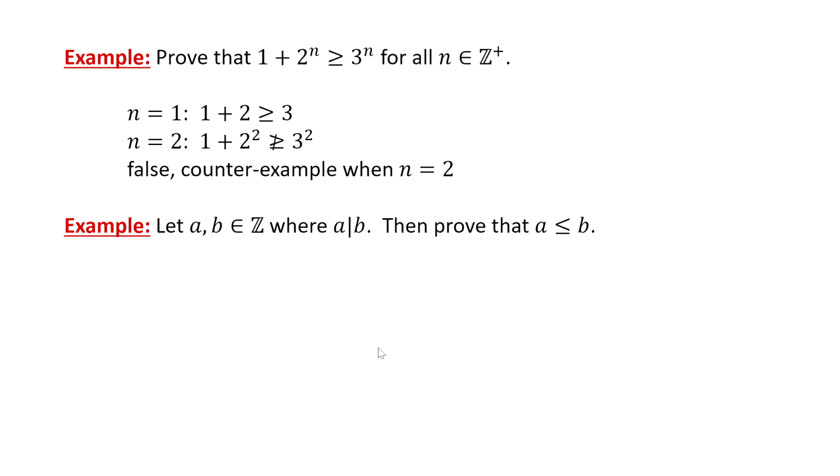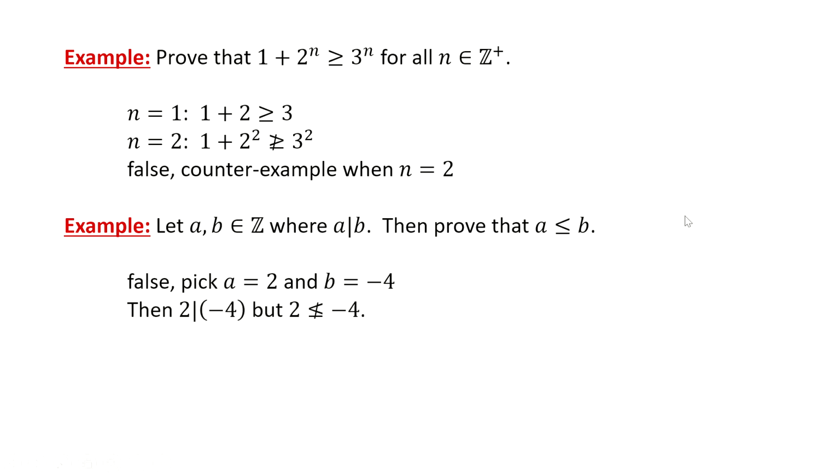Now, fair warning, I will go ahead and give you some information at the end. If you have positive integers for a and b, this is a true statement, but notice here, if you pick negative integers, and in this case I simply picked one negative integer, b being -4, here 2 is totally a factor of -4, but 2 is not smaller than -4, which means this is a counterexample.